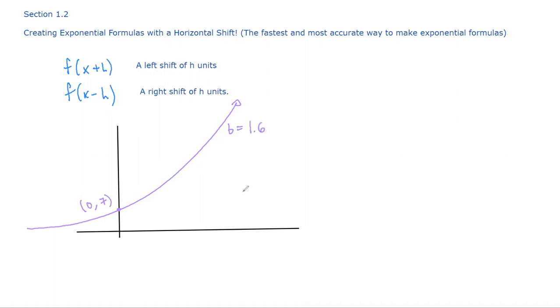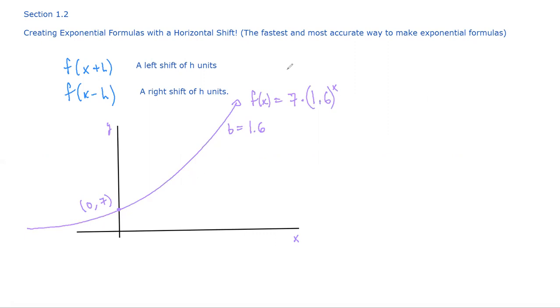So 60% growth. Let's have an x-axis, let's have a y-axis, and making the equation for this purple function should be done, yeah? We should be able to say that this is f of x is equal to 7 times 1.6 raised to the x power, yeah? Not a great stretch of the imagination.